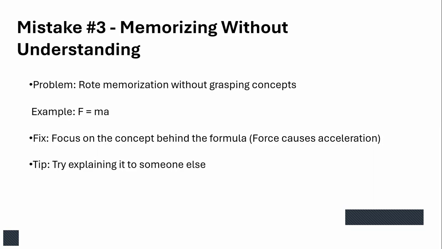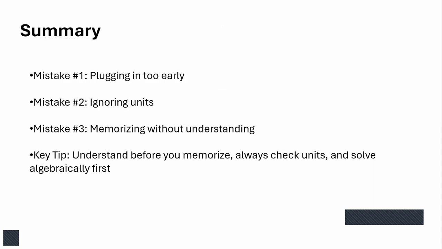So let's look at the summary of what we've done today. In summary, we have looked at three mistakes that students make. There are actually a lot of mistakes that students make in physics, but these are the common ones we looked at. Number one is plugging in too early. Don't input your numbers into the equation too early.